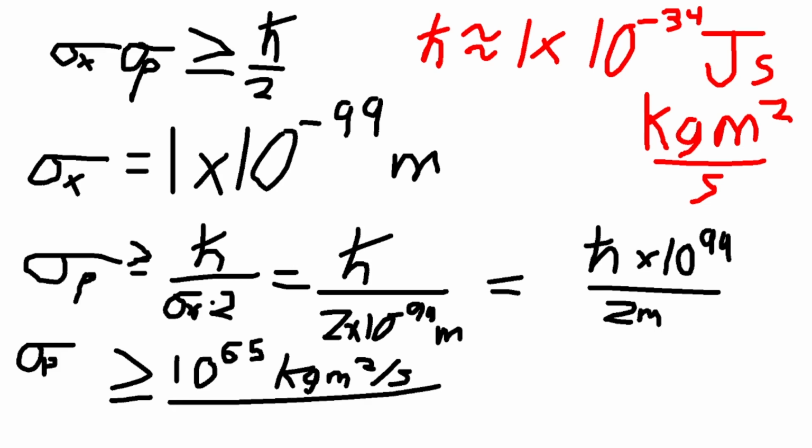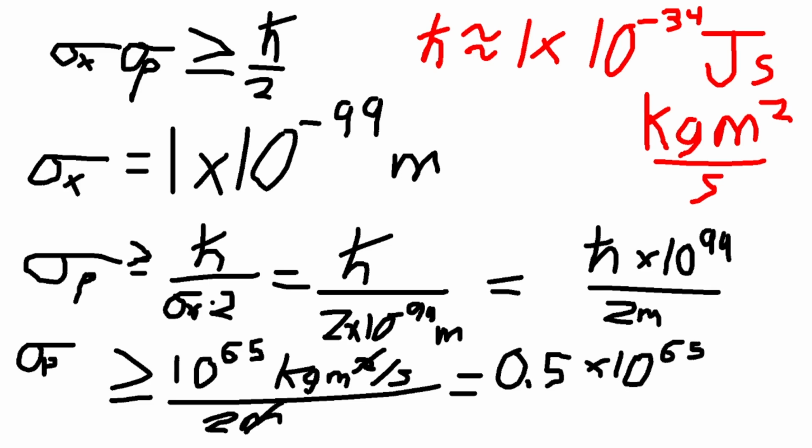And on the bottom, we have 2 meters. So we can cancel out the units a bit. We'll cancel off the square on the meters and the 2 there. So our simplified equation, putting everything together, is that the fundamental limit for uncertainty in momentum is 0.5 times 10 to the 65 kilogram meters per second.